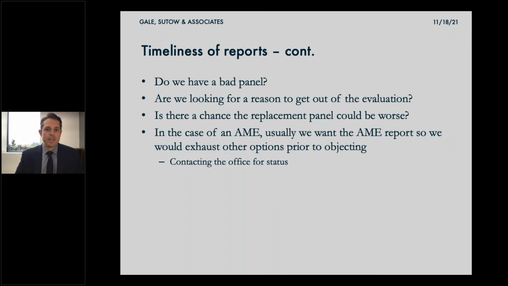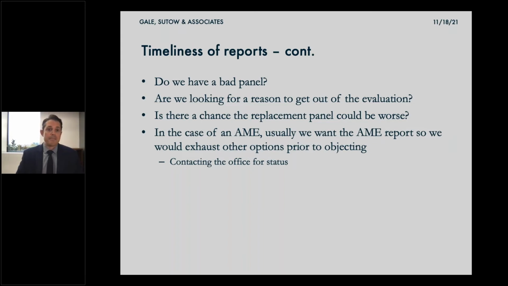We have to determine if we have a bad panel already, are we trying to get out of that for some reason? Let's say we got a QME panel that was pretty good, and let's say we've had this doctor before and the doctor's not bad, but has not issued a report timely. Well, if we look at the possibility of maybe getting a bad panel thereafter, the replacement panel being worse, maybe we don't want to issue that objection, even though we have the right to issue that objection.